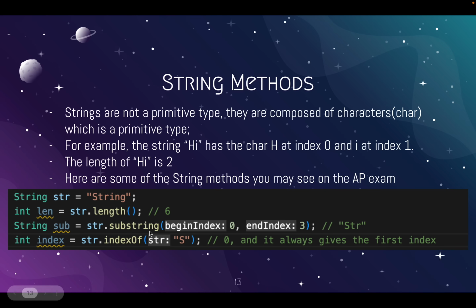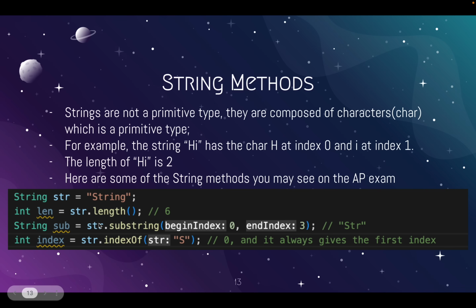And you can also use the substring method. Essentially, you have two indexes, and it gives the string from the start index going to, but not including, the end index. So substring from 0 to 3, 0, 1, 2, 3, it'll just give str.